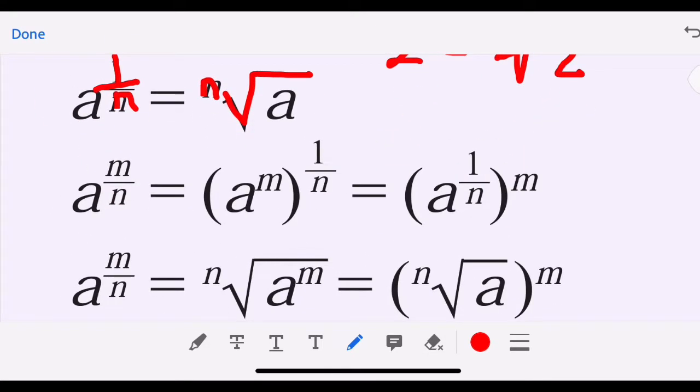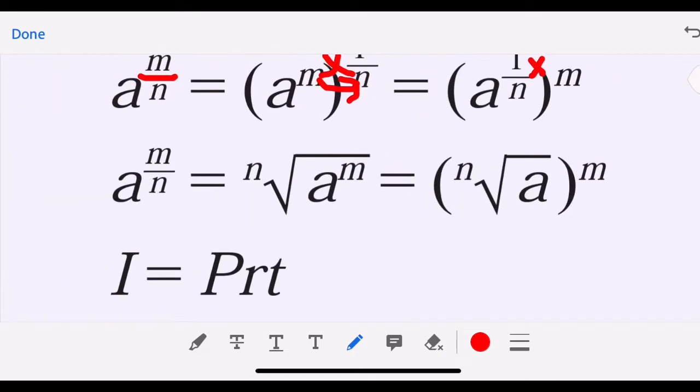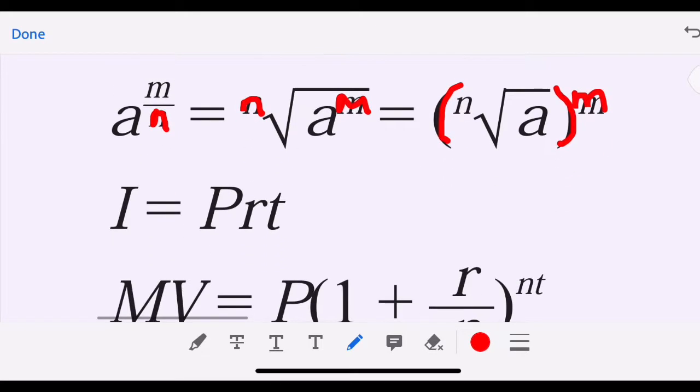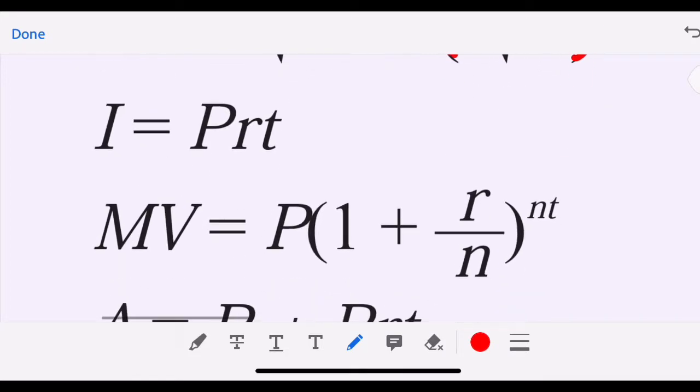Okay, if a to the power m over n, you can write as m inside, multiply, and these two can change the place, alright? Then same thing for this one, we can write the root. This is the root n, and this is the power. The bracket m can be put outside.